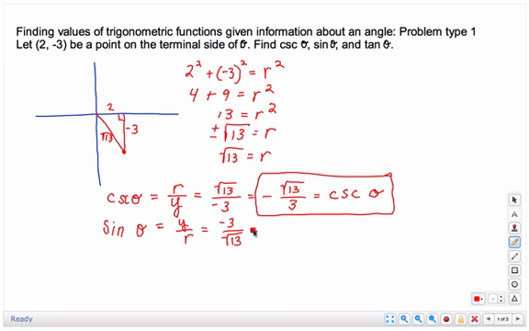Now, remember that we need to go ahead and multiply this by the square root that we have in the denominator so that we do not have a square root in the denominator for our answer. Okay, so we're going to multiply the top parts together, negative 3 square root of 13, over square root of 13 times square root of 13, square root of 169, which is 13. And that's sine of theta.